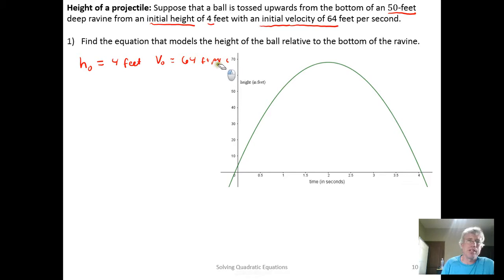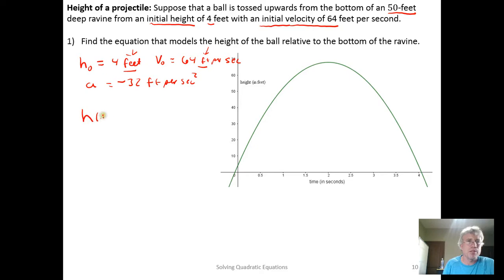That's horrible, isn't it? Feet per second. And I see that I'm measuring things in feet, which tells me that my acceleration is going to be negative 32 feet per second squared. So I know to use the negative 32 because I see that my other measurements are in feet, not in meters. And it's simply a matter of setting your model up.